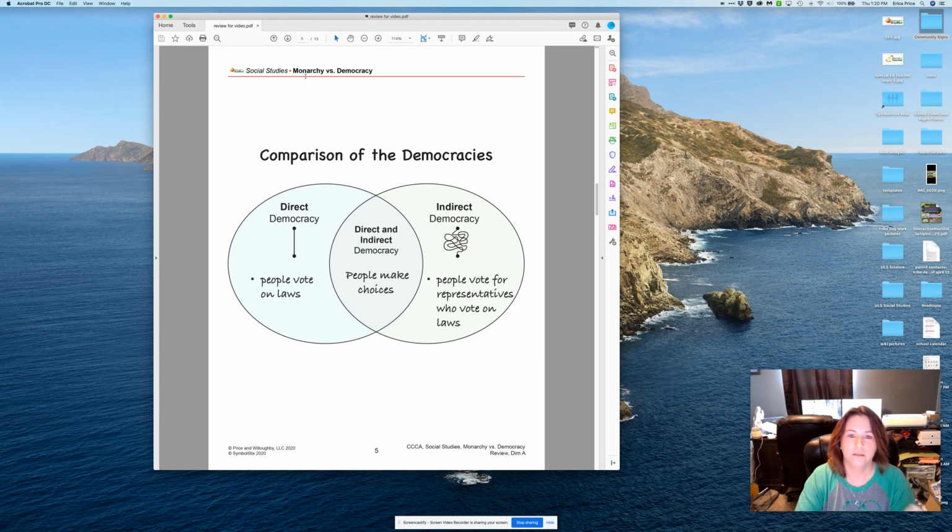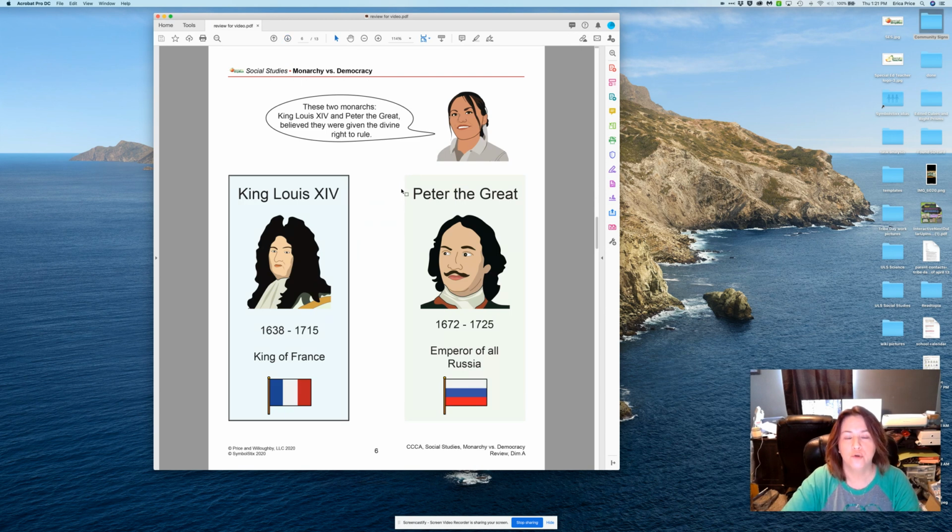Okay, so that's a really brief rundown on our monarchies and our democracies. We have two famous monarchs that we talked about. We have King Louis XIV. He was the King of France, from 1638 to 1715. Both King Louis and Peter the Great believed they were given the divine right to rule.